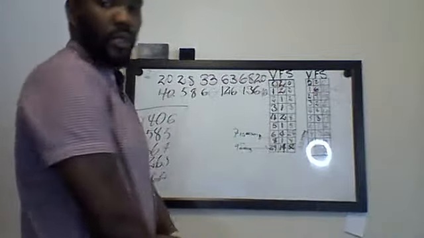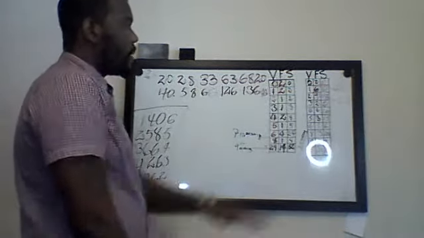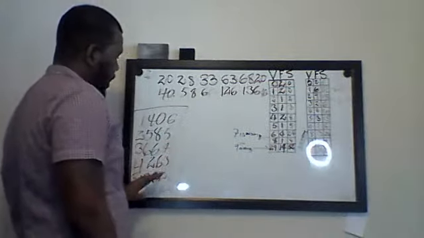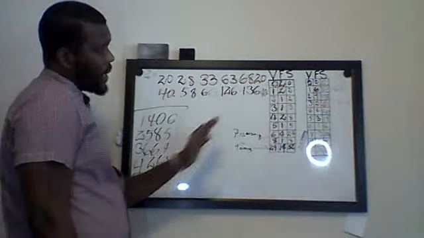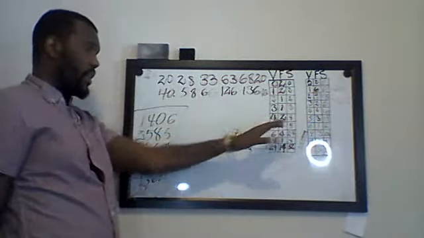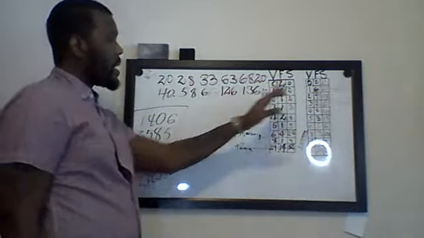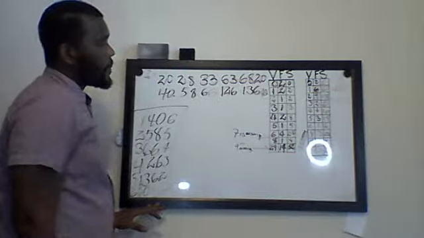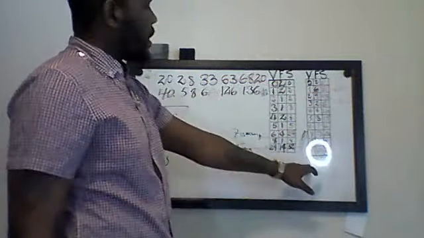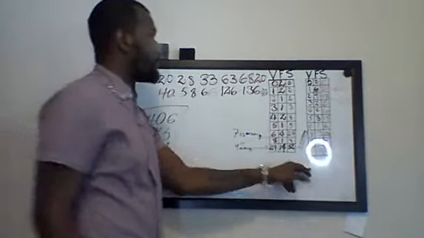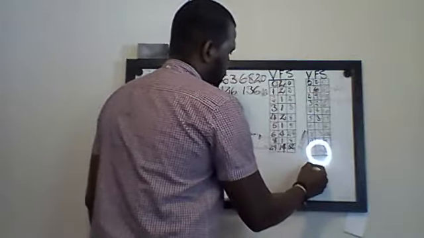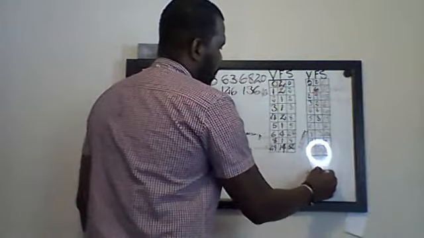To pick your numbers, you're gonna have to go over here and check to see what number matches over here. So now on this line, the range is 9 because it's the highest number minus the lowest number.